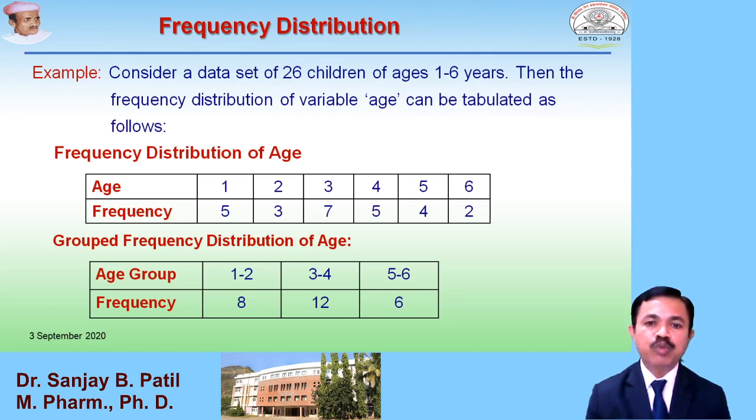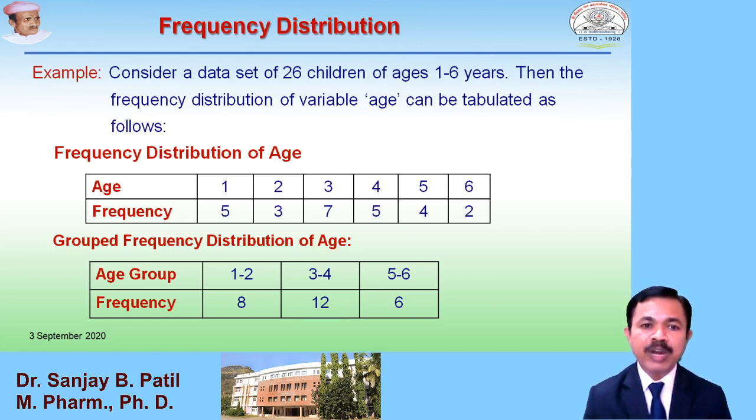So ages 1 to 6 and the number of observations for each year are given in the table as frequencies. So for age 1, 5 observations or 5 children are there, hence the frequency is 5. For age 2 years, frequency is 3. For 3 years, frequency is 7. And similarly for 4, 5, 6, the frequencies are 5, 4, 2.